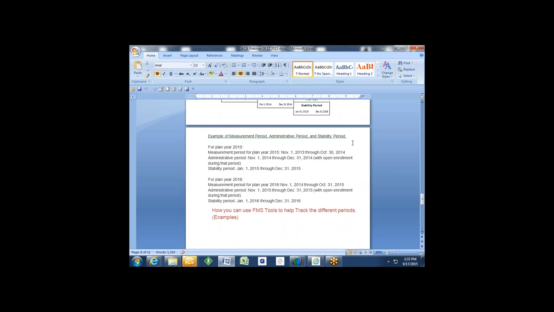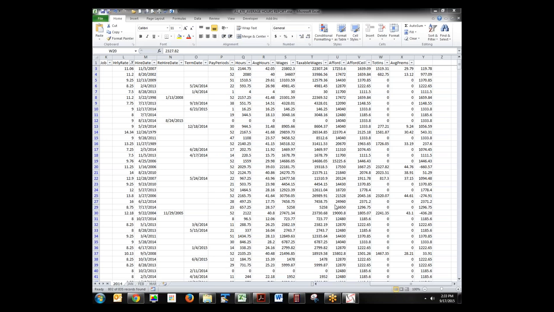So I'm just going to go over the measurement period, because the administrative period is very similar to step 4. And of course, the stability period is just your plan year. So that's just a period of time where you're offering all your coverage. So the measurement period is probably the simplest way of using this report.